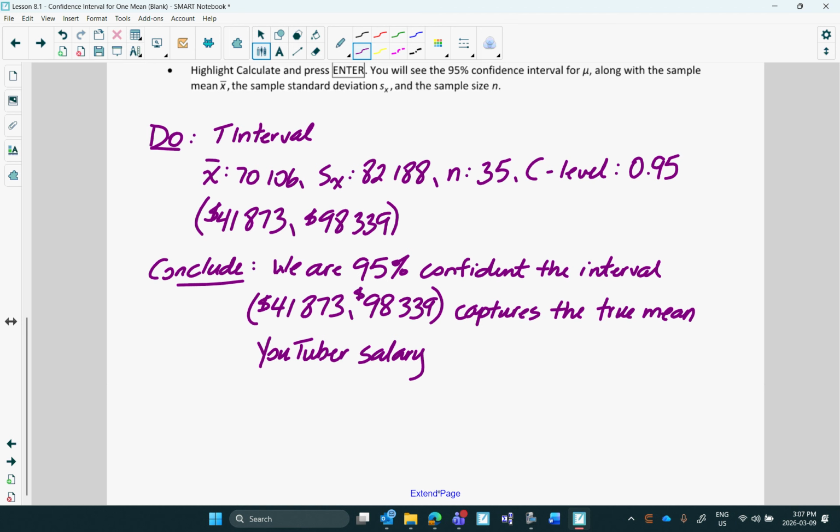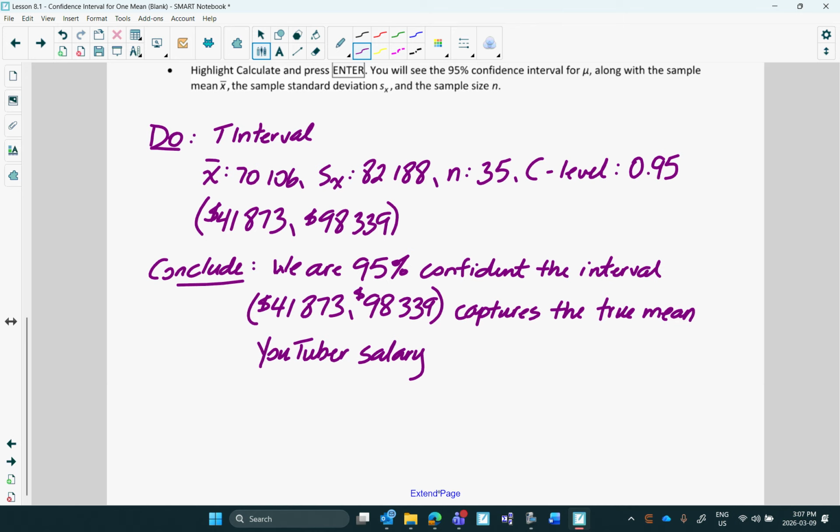Do you see a problem with how the sample was taken? Do you see potential problems with how the sample was done? Remember, they did a Google search for videos of people who were advertising their salaries, right? Where's some potential bias in that? The volunteers, like for higher salary.